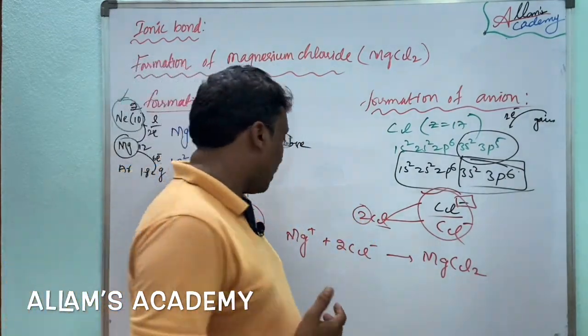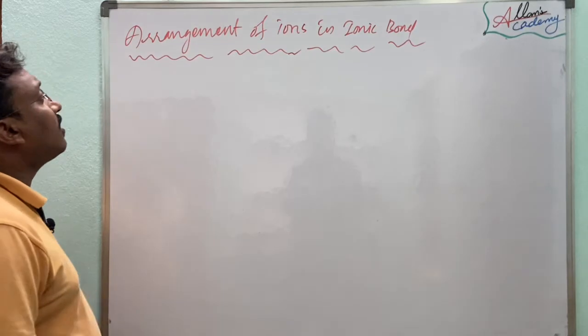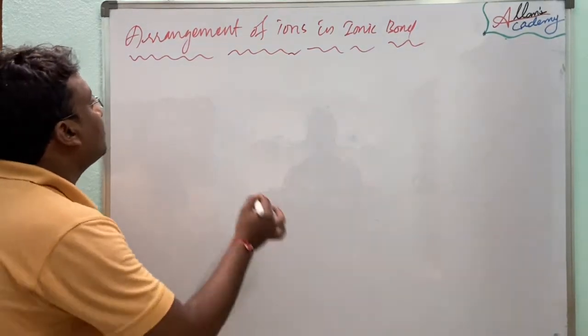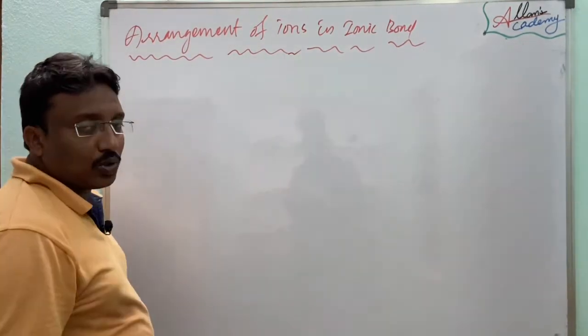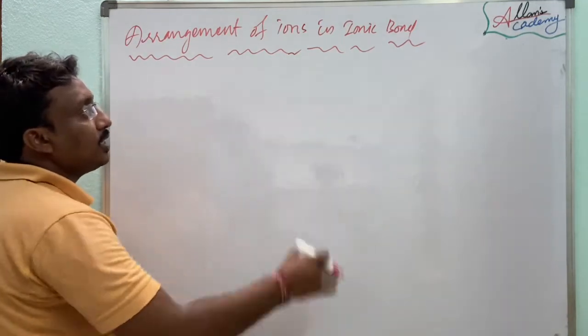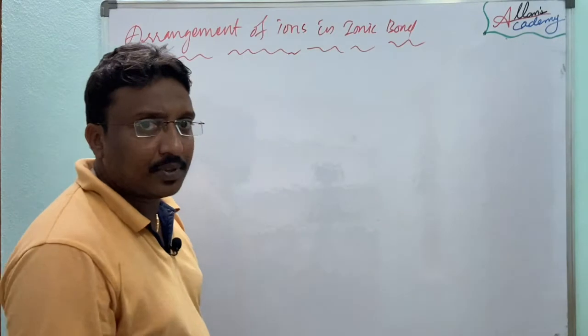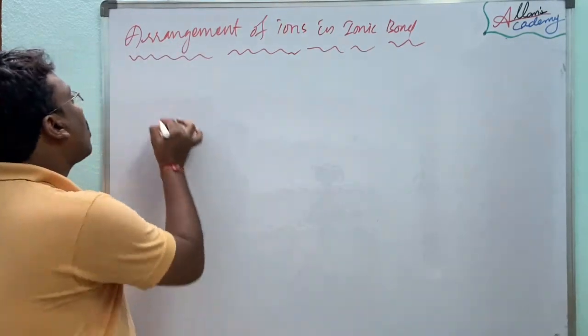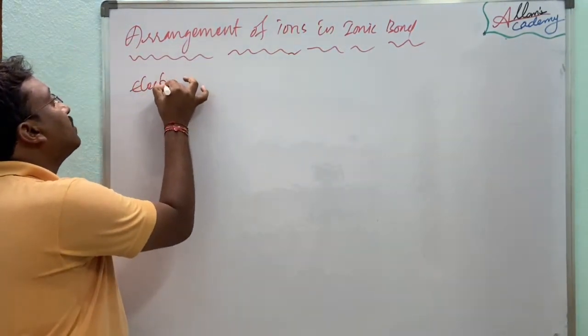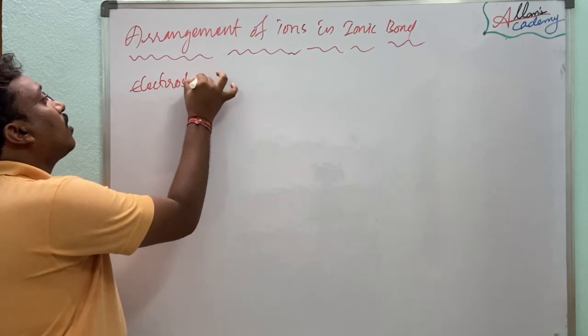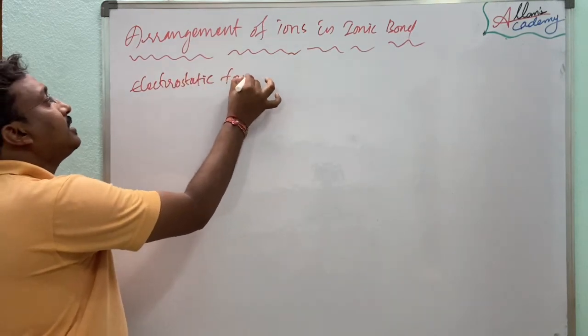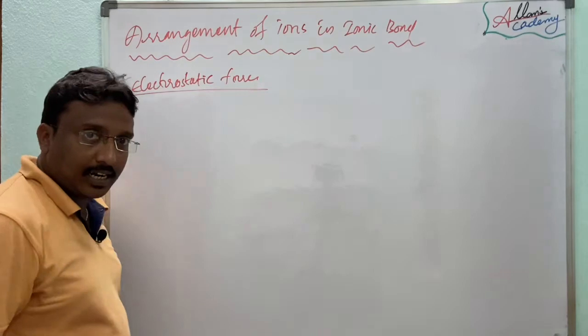Now, the ionic bond takes place by the force of attraction between unlike charged particles. Then how are ions arranged, sir? Here we know that electrostatic force is directionless.